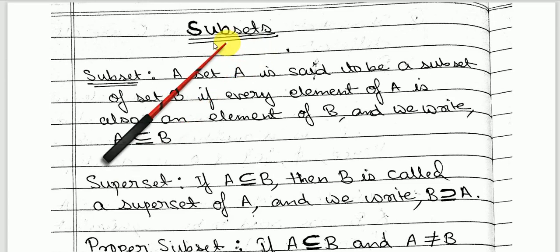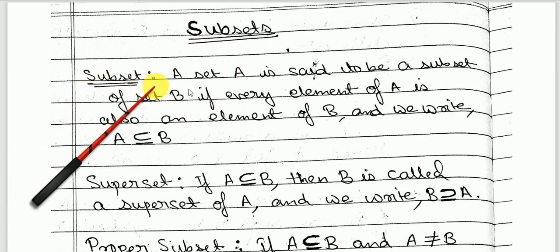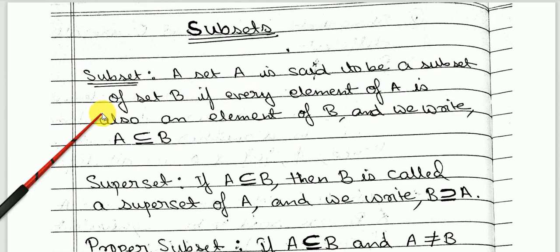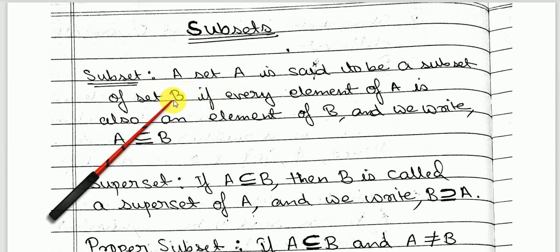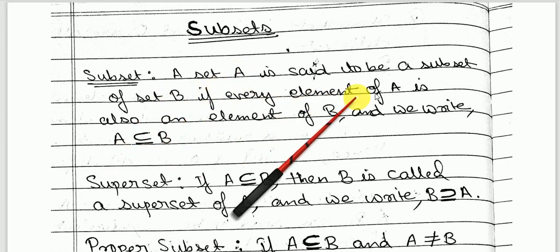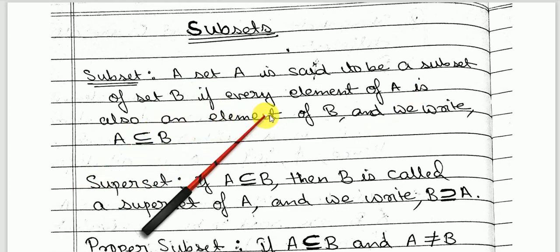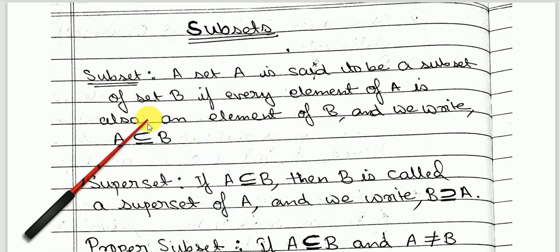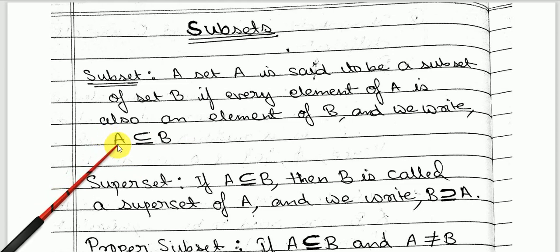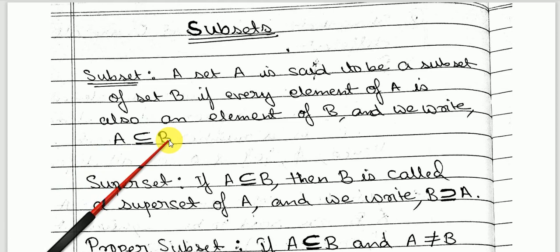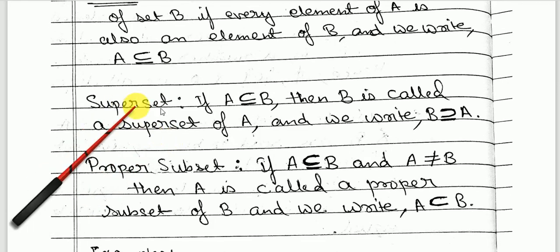Now next is subsets. Set A is said to be a subset of set B. If you have a set A and you have another set B, then we would say that set A is a subset of B if every element of A is also an element of B, and we write this way: A is a subset of B. This is read as A is a subset of B. It means all the elements of A are contained in B. Then superset.